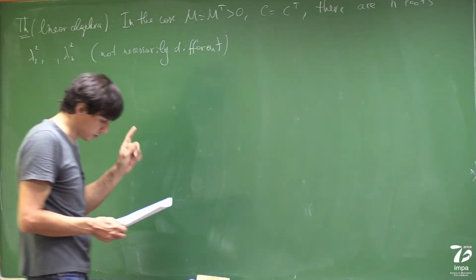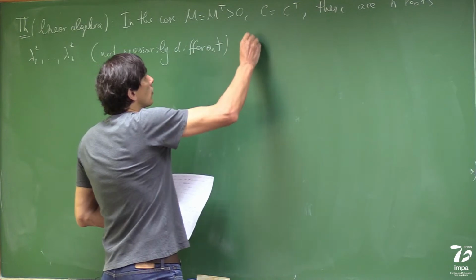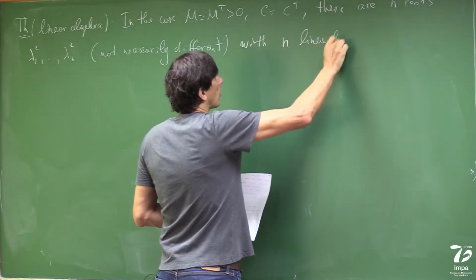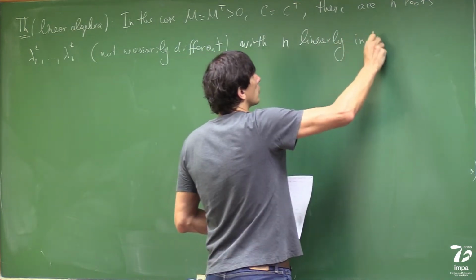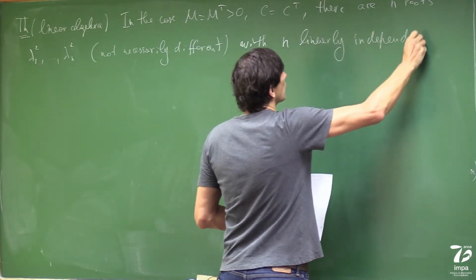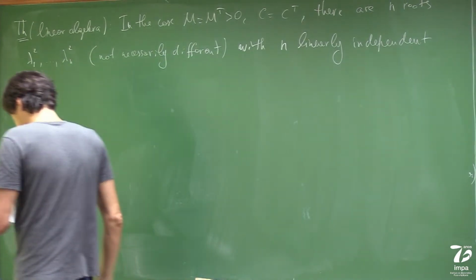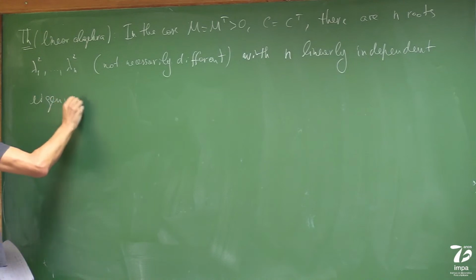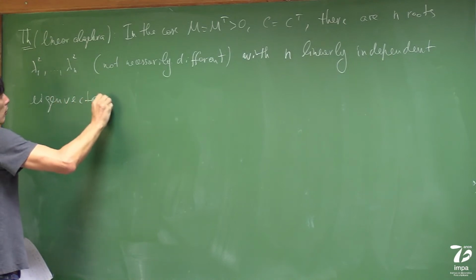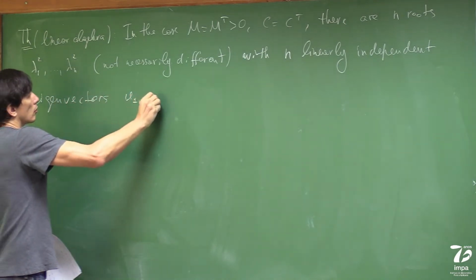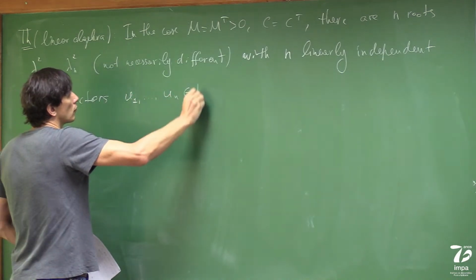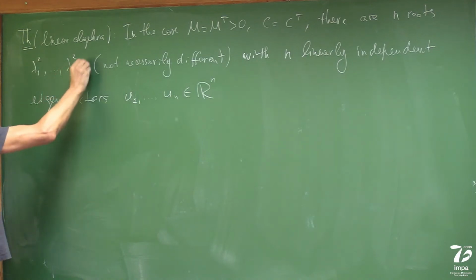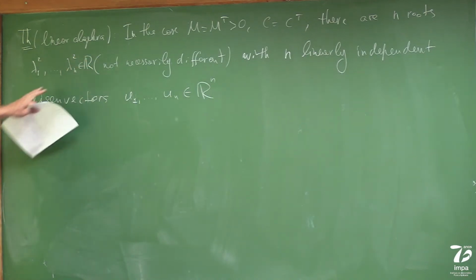But what is important is that we have n linearly independent eigenvectors. And we already know that everything can be real. So this is also real.